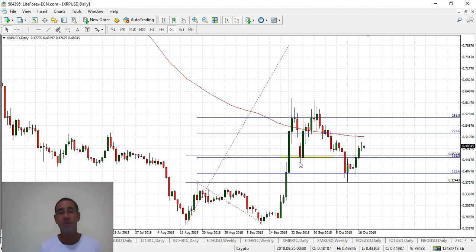Why? Because it was challenging again that same level, that's 2618, which it completely failed on the previous attempt. And it was failing again on the second attempt. Take a look, right? It was trying to break through again, 4 attempts to break, failing, pulling back again, reversing, and beginning to drop.